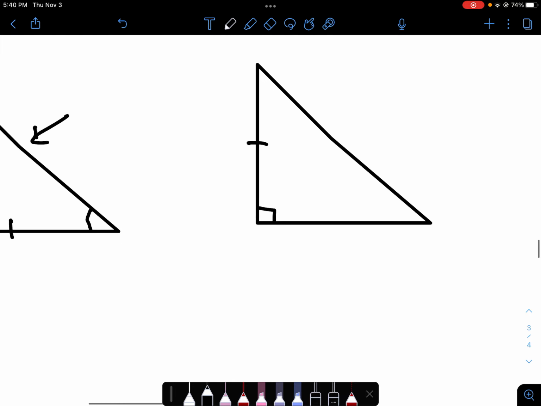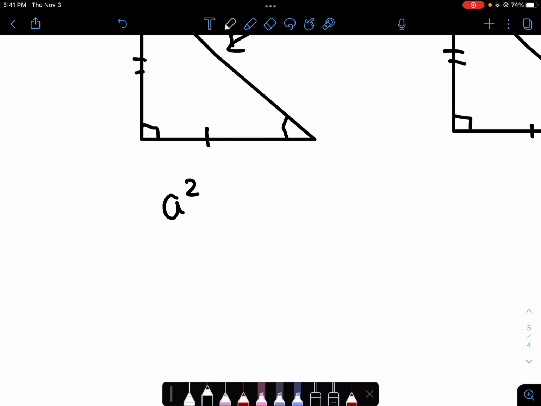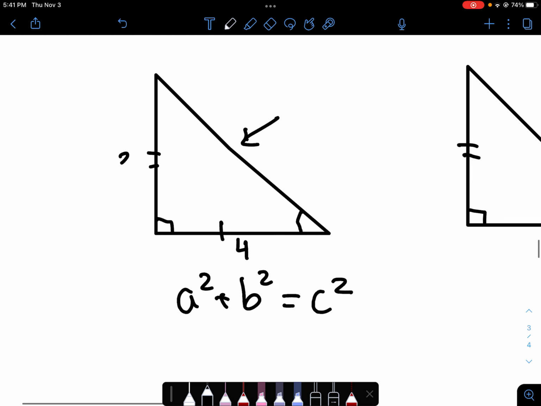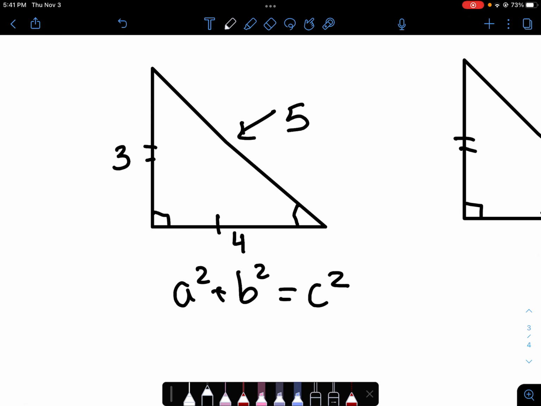Why? It's based on the Pythagorean theorem, of course. a squared plus b squared equals c squared. So if this side is 4 and this side is 3, the hypotenuse is always going to be 5 no matter what the angle is.